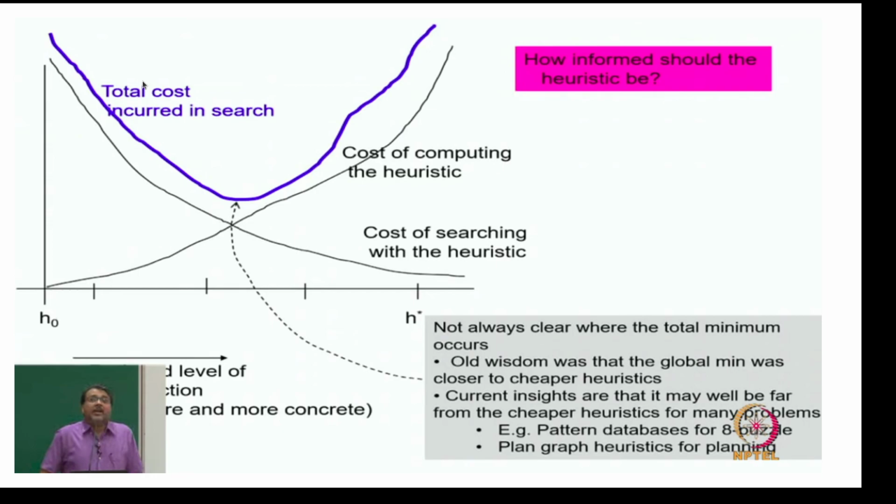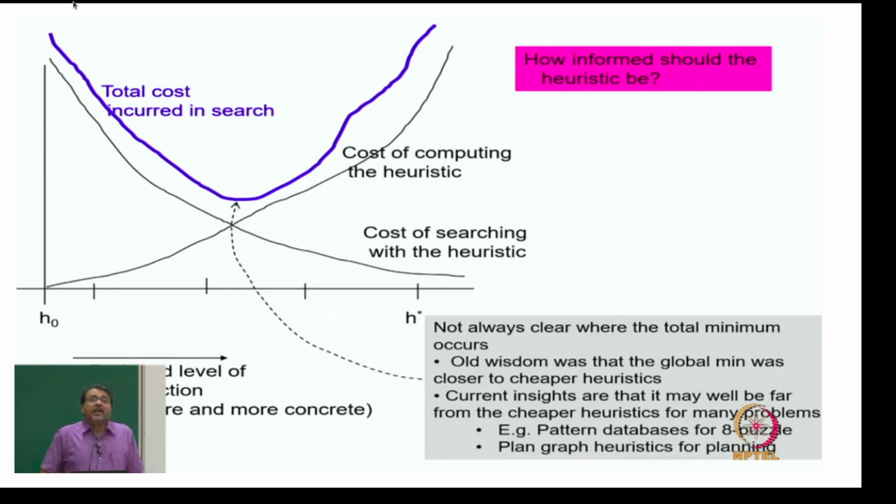So if you consider both performance as well as cost, the graph would look something like a blue curve. You are at a very trivial heuristic. What is happening?